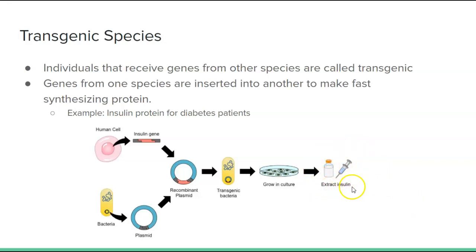If they have diabetes, this is how they can get insulin, by going through this process. It's really interesting, and this is one great example of how we use biotechnology.